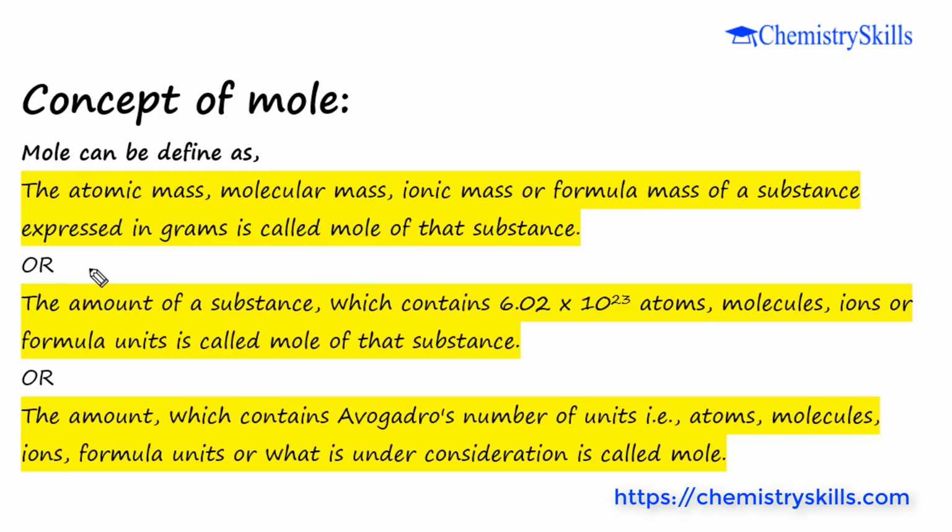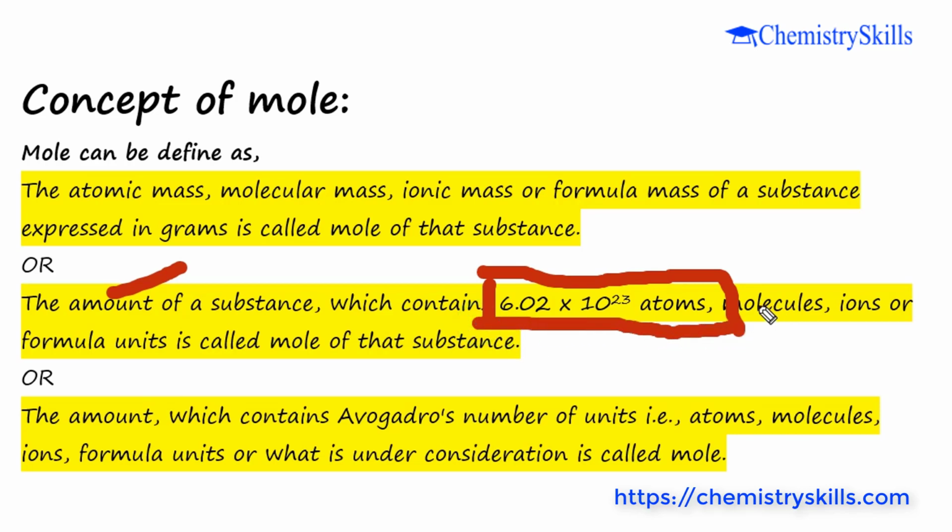Now, in other words, we can say the amount of a substance which contains 6.02 × 10^23 atoms, molecules, ions, or formula units is called the mole of that substance.